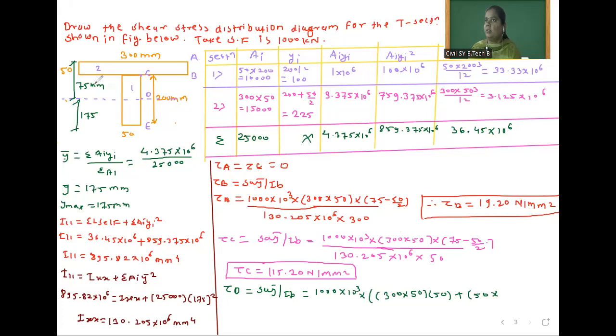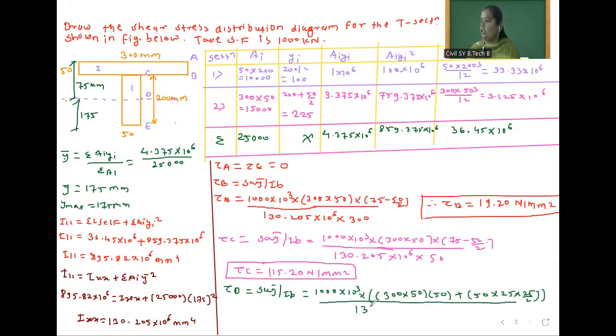How much? 75 minus 50, 25. So into 25 into 25 by 2. And then divided by moment of inertia into width.